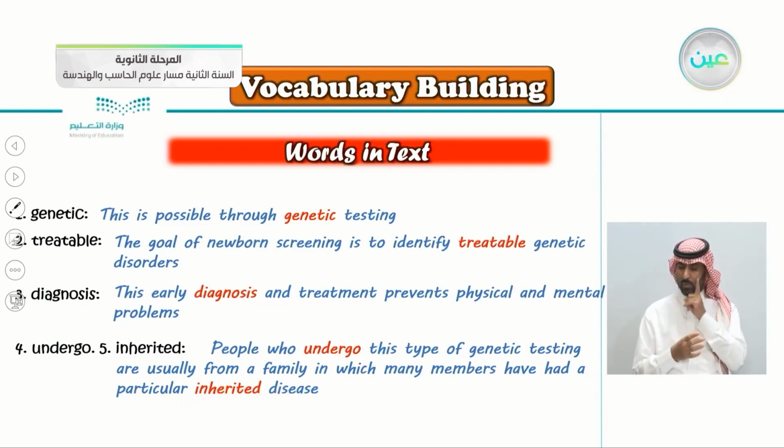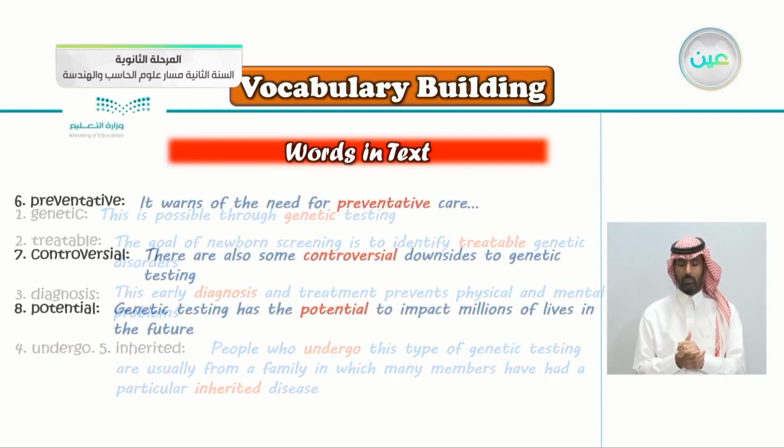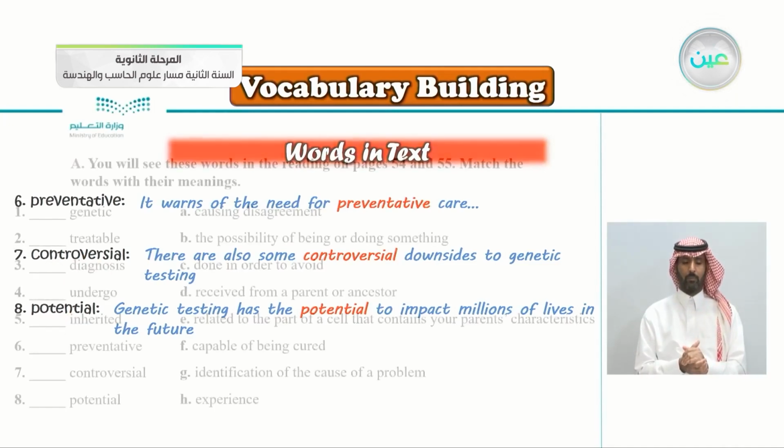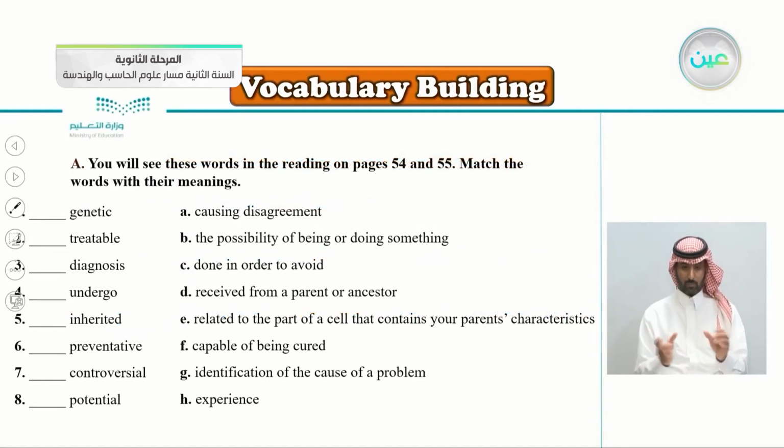So we will see what's the meaning of inherited later. Number 6, preventative. It warns of the need for preventative care, and we have the word controversial and the word potential. So let's answer the first one.